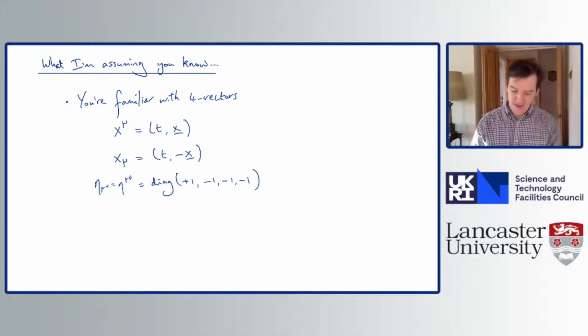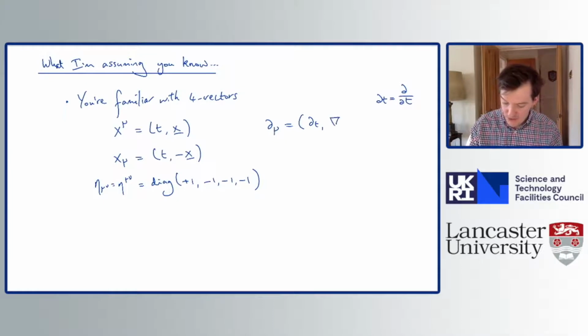I'm going to follow this mostly minus convention. And the other thing I should define are the derivatives. So my derivatives in this convention are: ∂_t is short for ∂/∂t, and then we have the spatial derivative, this nabla symbol, and then the up-indexed version. As always, I just swap the sign in front of the spatial bits. This is the convention I'm going to be using.